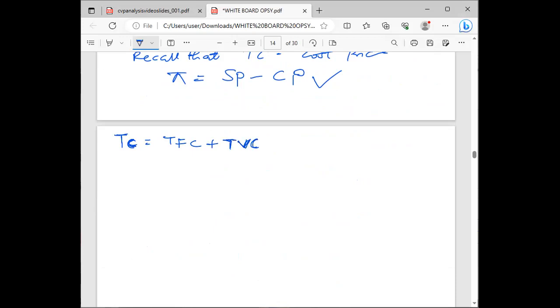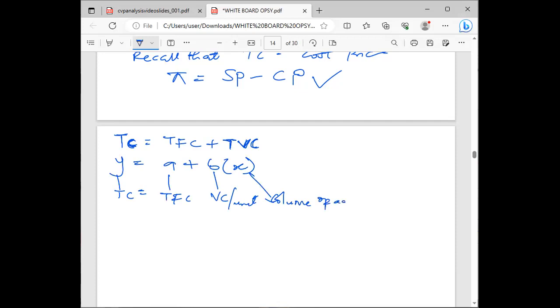Y equals A plus BX, where Y is total cost, A is total fixed cost, B is variable cost per unit, and X is the volume of activity. And it should be noted that this BX as a whole represents my total variable cost.